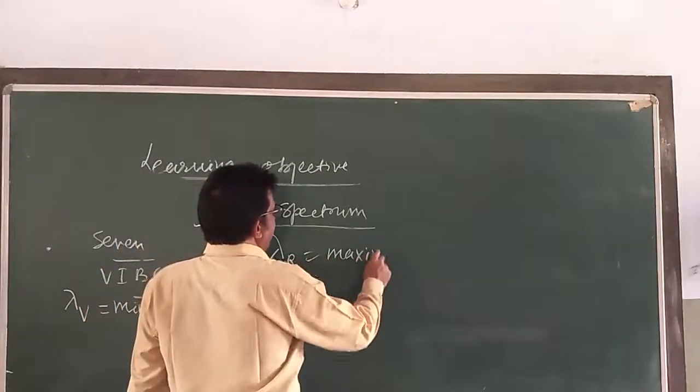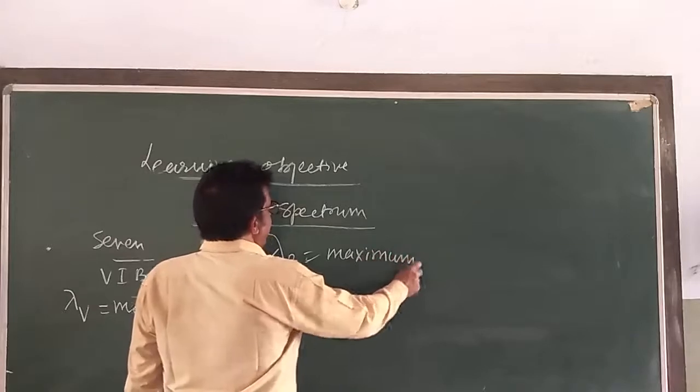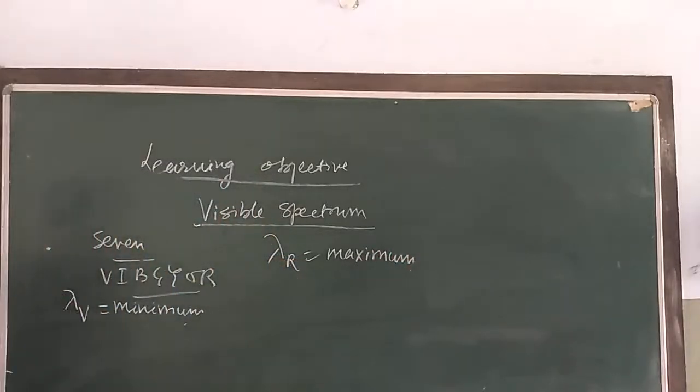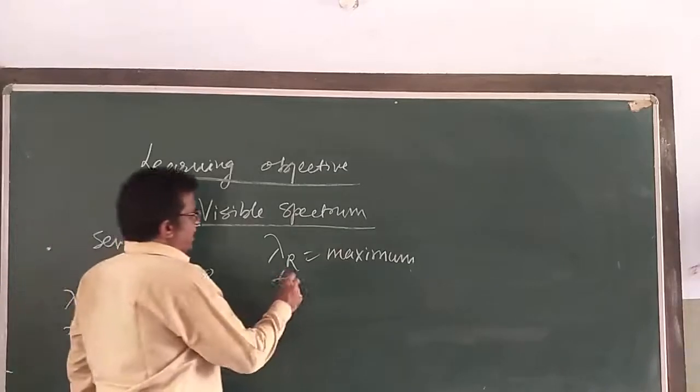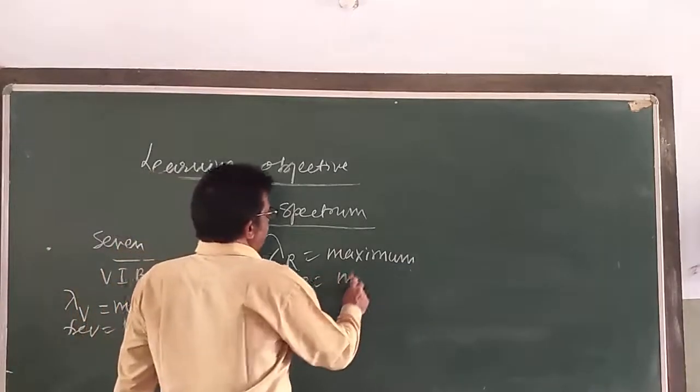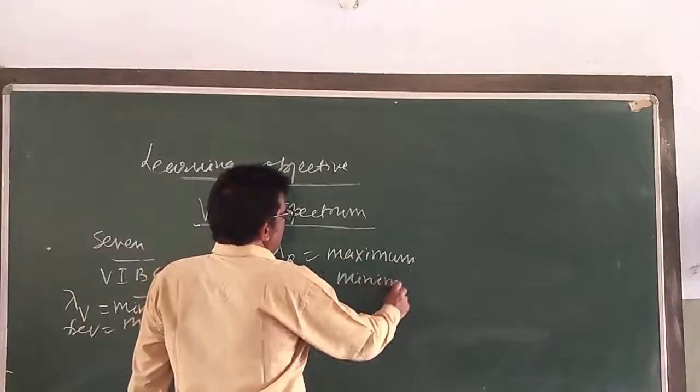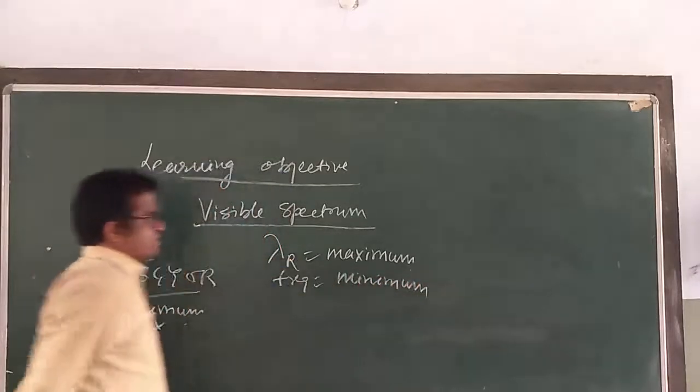You have to remember this. The wavelength of red color is the highest, and of violet color the lowest. So the frequency of the violet color is maximum. Frequency of the red color is minimum. These are the specific features.